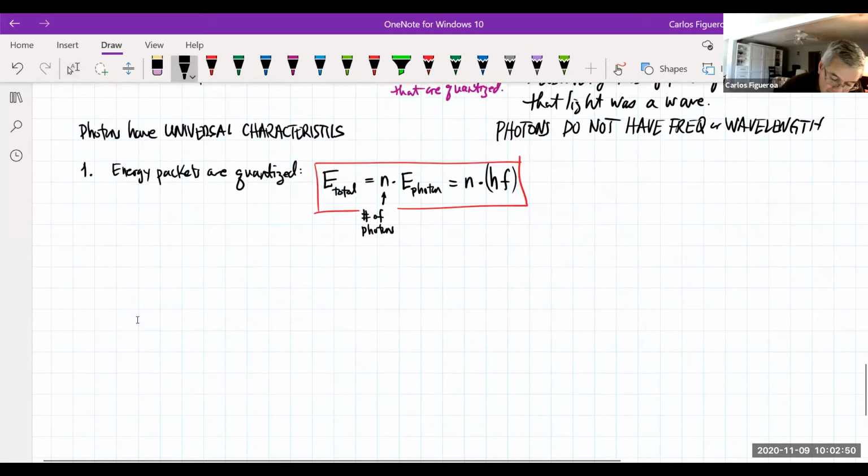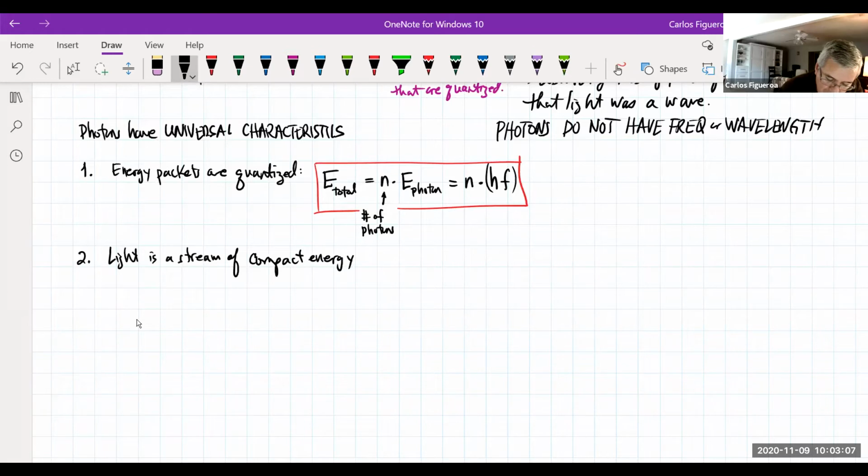Then he says that light is a stream of compact energy packets. Sometimes I call them lumps, sometimes I call them packets.